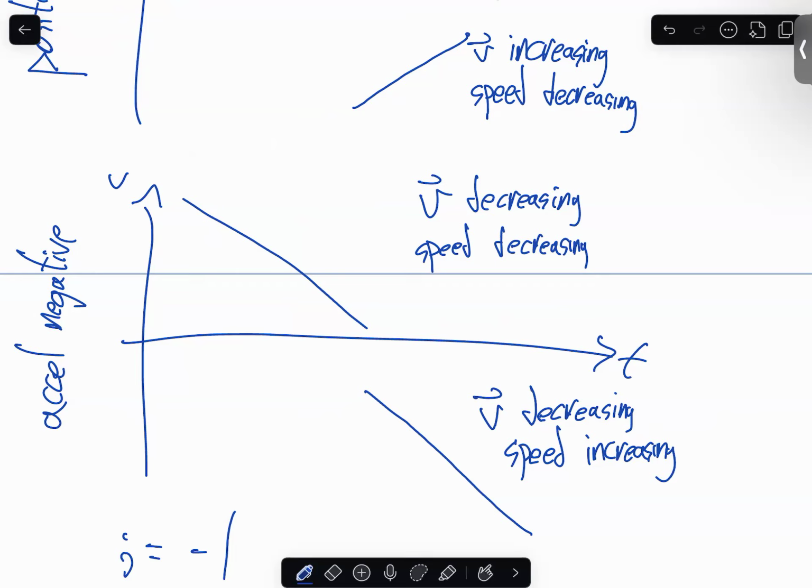Okay? I am saying the same thing in 3 different ways. Slope is negative.